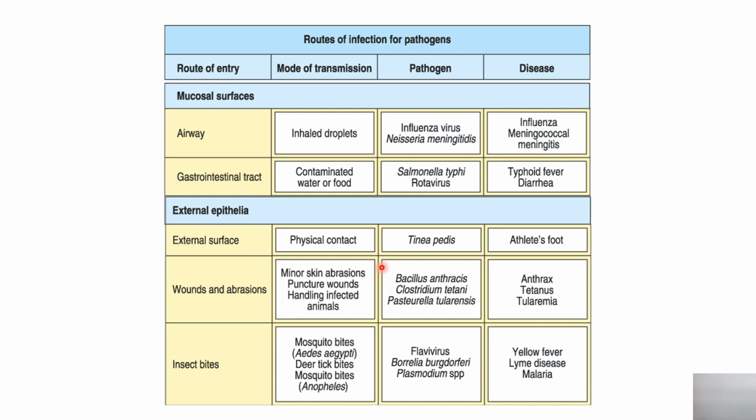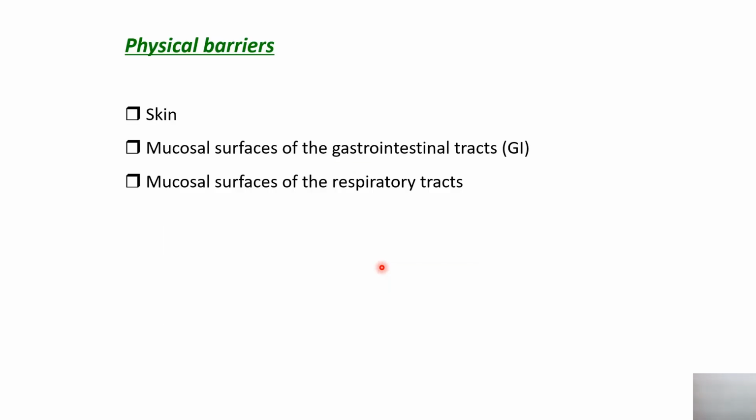These are the routes of infection for pathogens. For the airway, we have inhaled droplets. For the gastrointestinal tract, we have contamination with food or water, basically food poisoning. Physical contact can also be one of the reasons. Minor skin abrasions, puncture wounds, handling infected animals, all of these can lead to pathogenesis. Insect bites can sometimes also lead to pathogenesis.